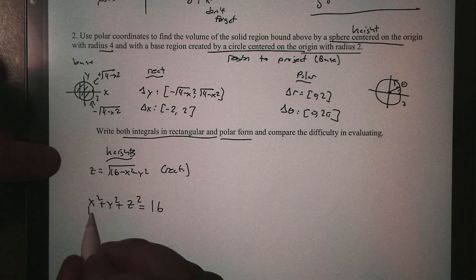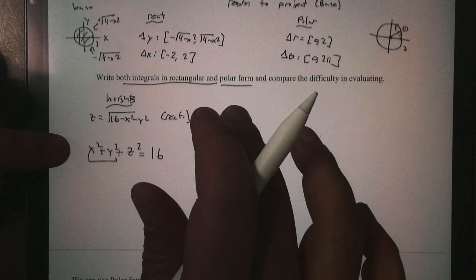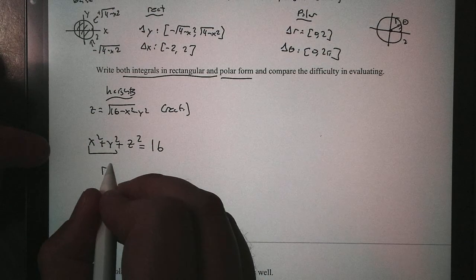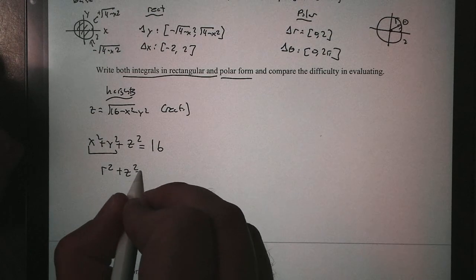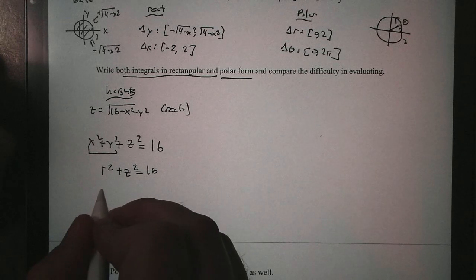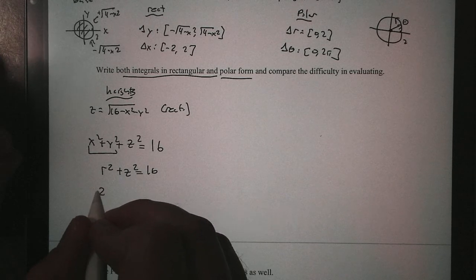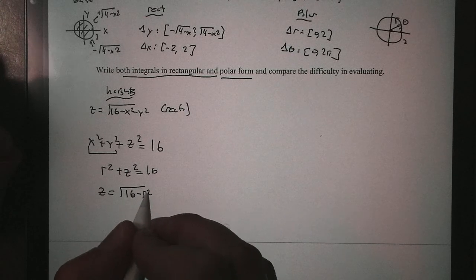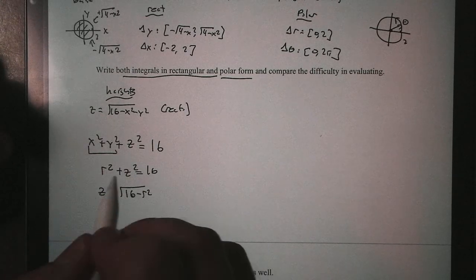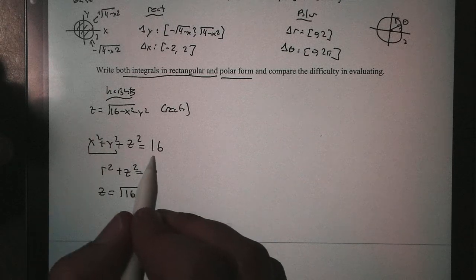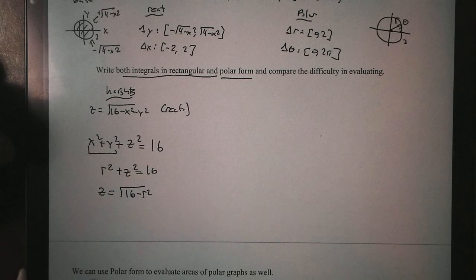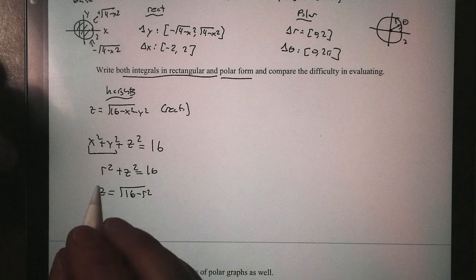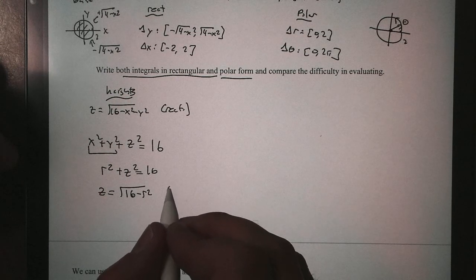Well, in polar form, that x squared plus y squared is just r squared. I can solve for z now. Z would equal the square root of 16 minus r squared. And before you ask, yes, we can even do these in cylindrical form too, and that's going to make that rho equals 4, and that's going to be really super easy later on. Okay, so in polar form, this would be my height.